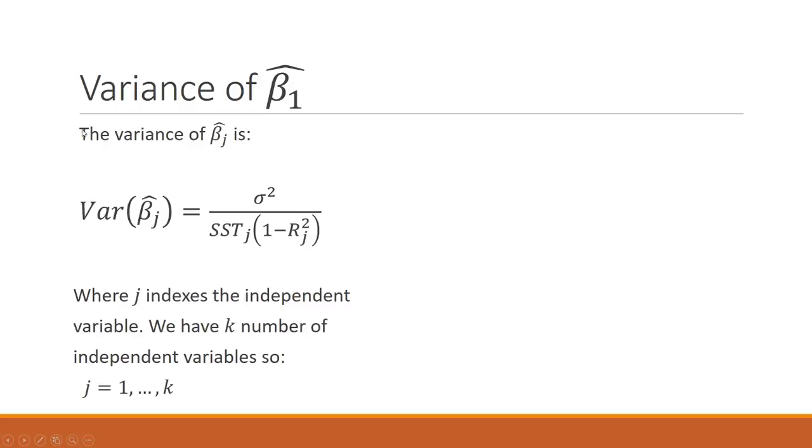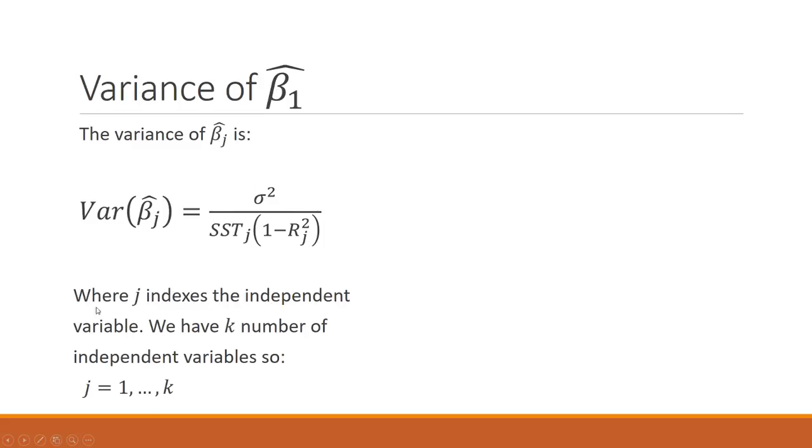All right. So let's first consider the generic equation. The variance of beta j hat, where j is just an indicator for different independent variables. j could be 1, and that would be beta 1 hat. j could be 2, that would be beta 2 hat. j could be 3, which would be beta 3 hat. So the variance of beta j hat is equal to this expression here.